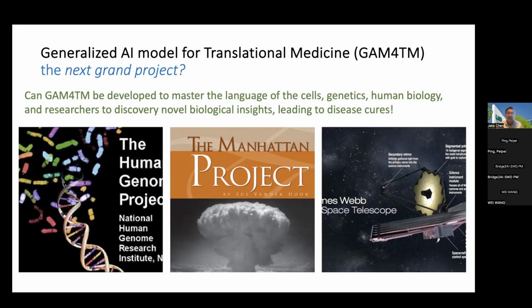The GAM4TM's goal, in my opinion, is to comprehensively use our resources from the government and institutions, pulling together expertise so that we can develop an LLM or generative model to master the language of cells, genetics, and human biology, along with human language, so that we can interrogate this model and get biological insights and directly accelerate the understanding of human biology to disease cure.